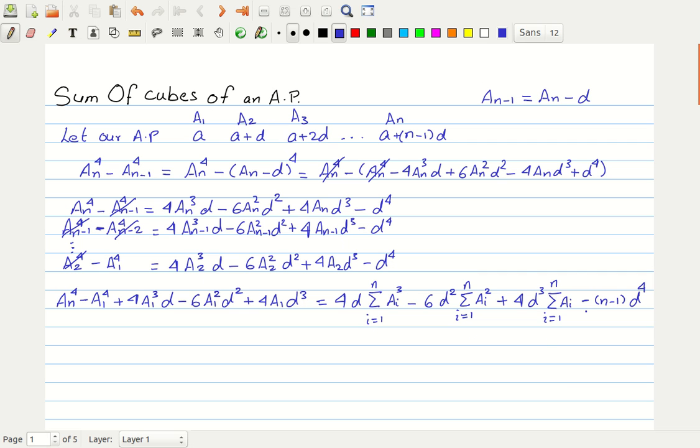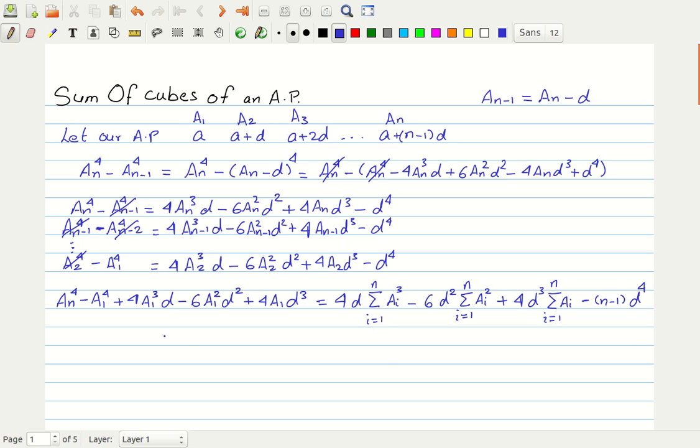We also know the formula for the sum of the AP, which is 2a plus n minus 1 d times n by 2. So everything is known in this equation except the sum of the cube of the AP. So if we bring all these terms to the left hand side and add them and divide by 4d, we should be able to find what this sum is going to be.